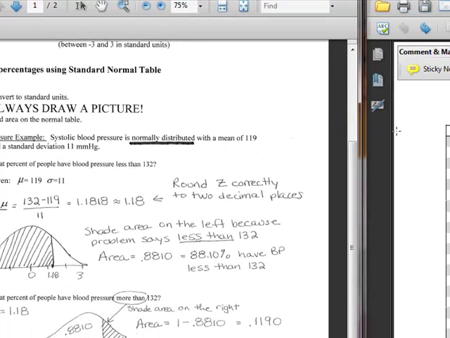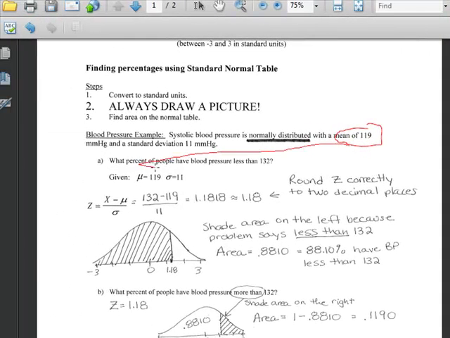The mean of 119 tells us that mu equals 119, mu being the population mean, and the standard deviation of 11 tells us that sigma, the population standard deviation, is 11.